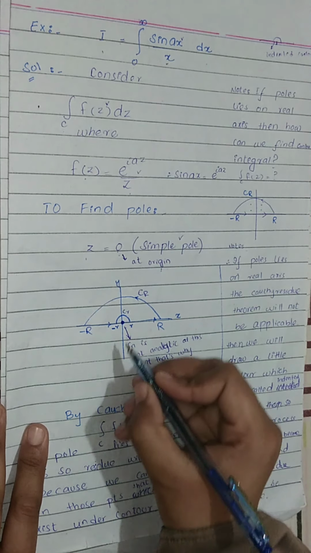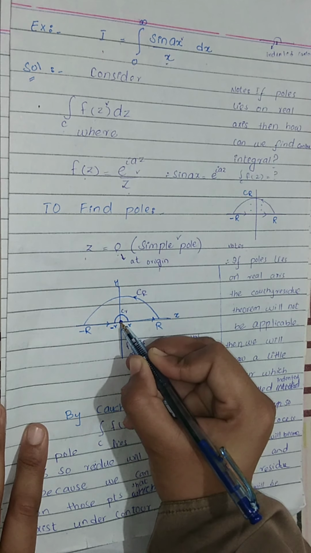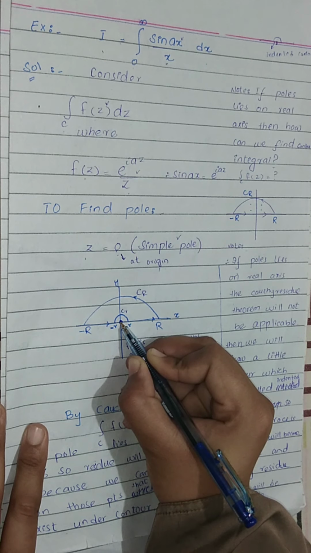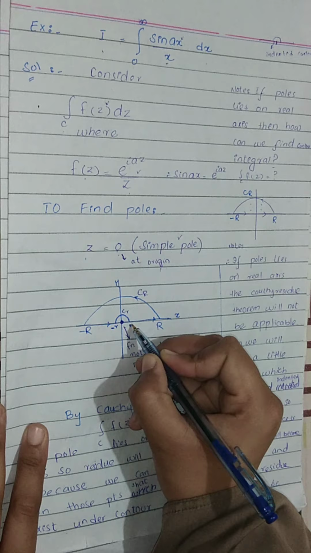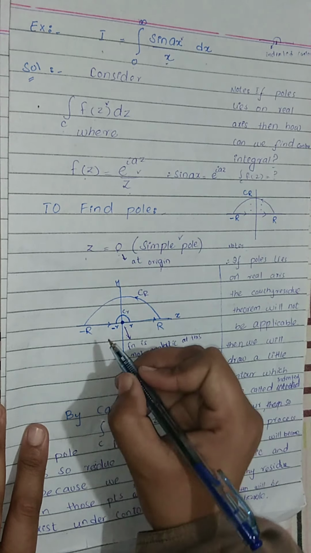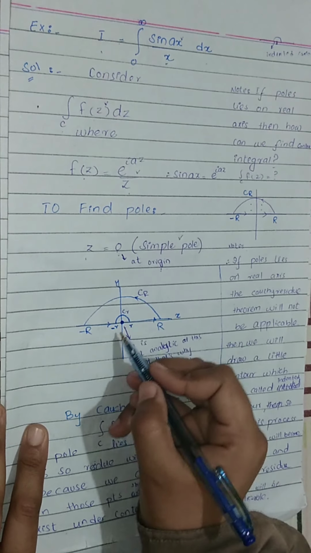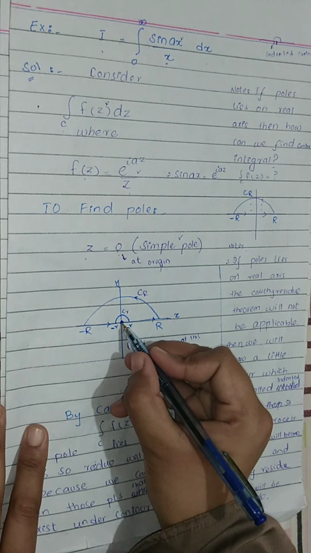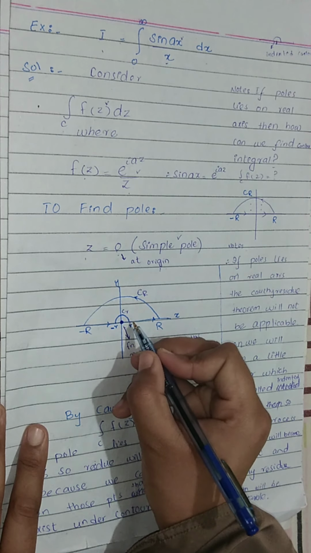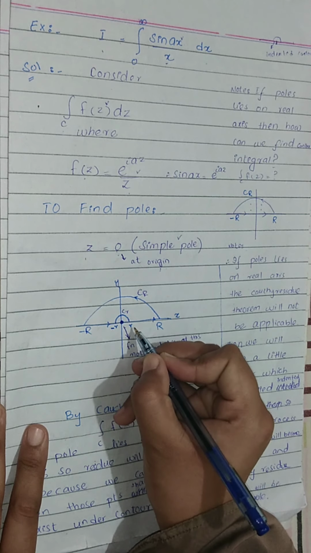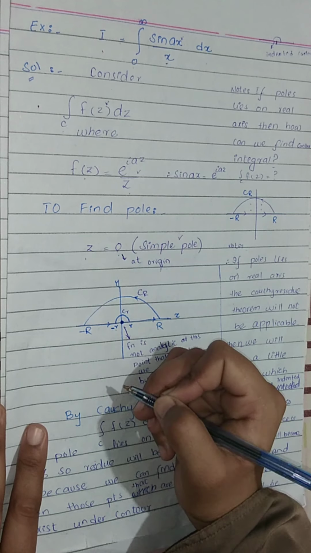So we exclude this point by drawing a small semicircle around it. Then the point is excluded and we get an analytic contour, and we can evaluate our function along it.